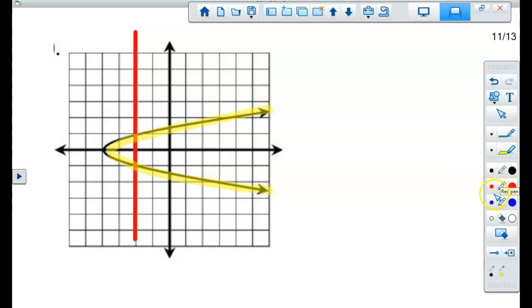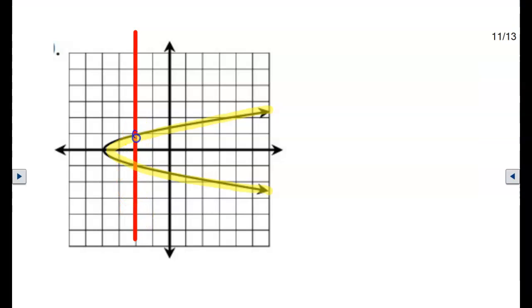And so what I would want to do here is I would want to look at where this red line touches this yellow graph, this shape that I have graphed here. And what I see is the red line touches the graph right there. So there's one dot where it touches. And then the red line touches the yellow graph also down here.